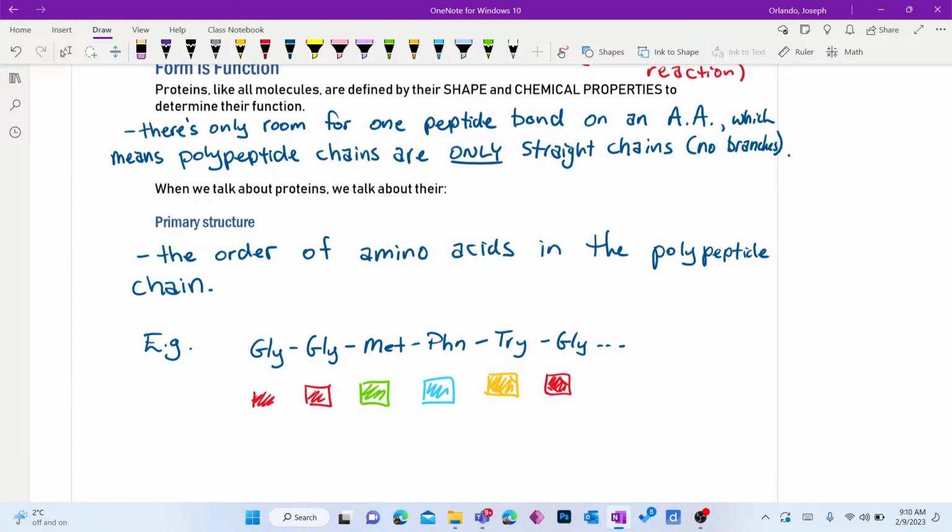And obviously, when we talk about this, we're really talking about the R groups, right? Because every one of these is connected to an amino acid that actually looks the same. Only the R groups are different, right?